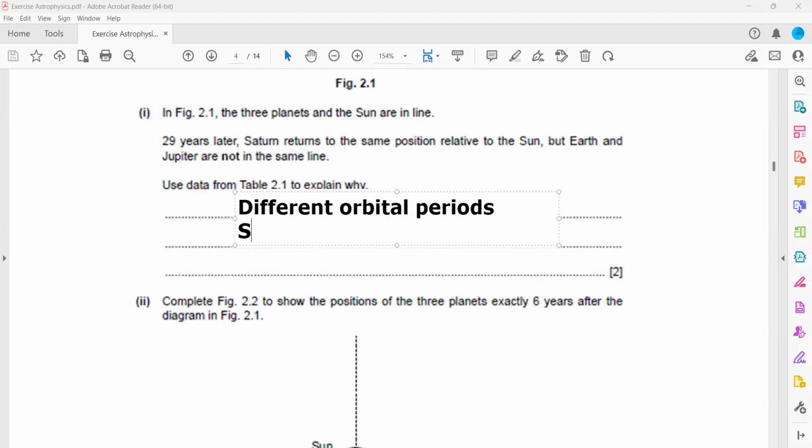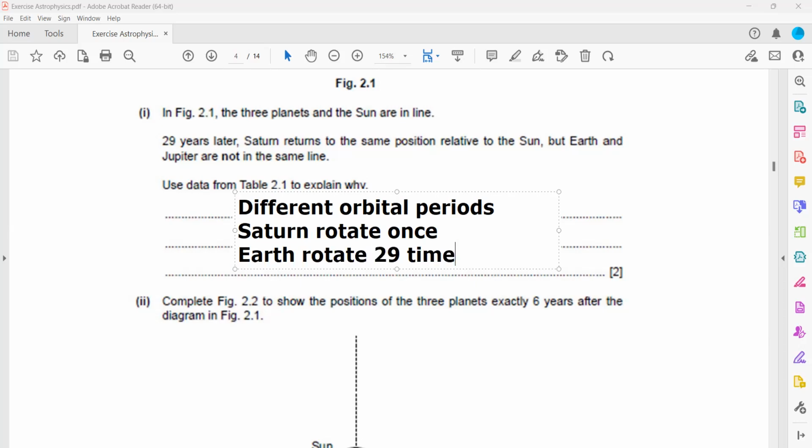In 29 years, Saturn will move one time, whereas the Earth will rotate 29 times.